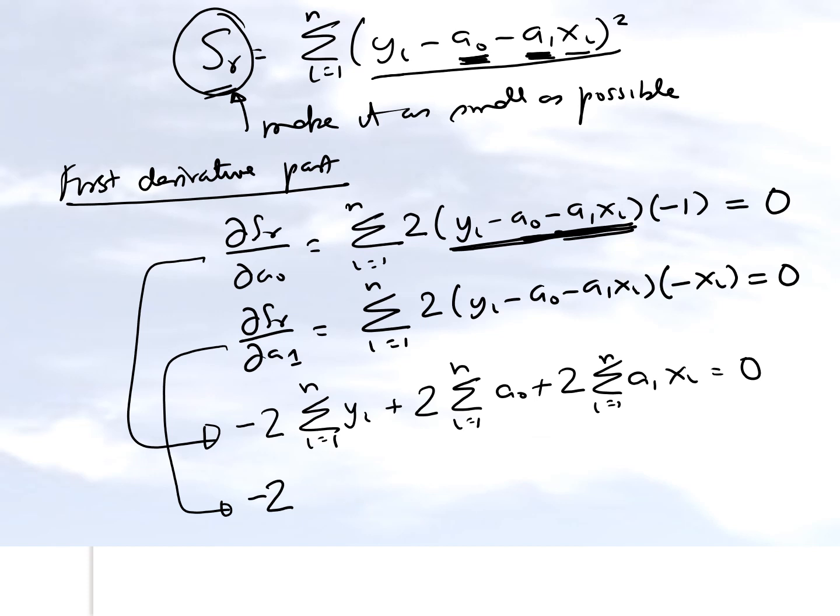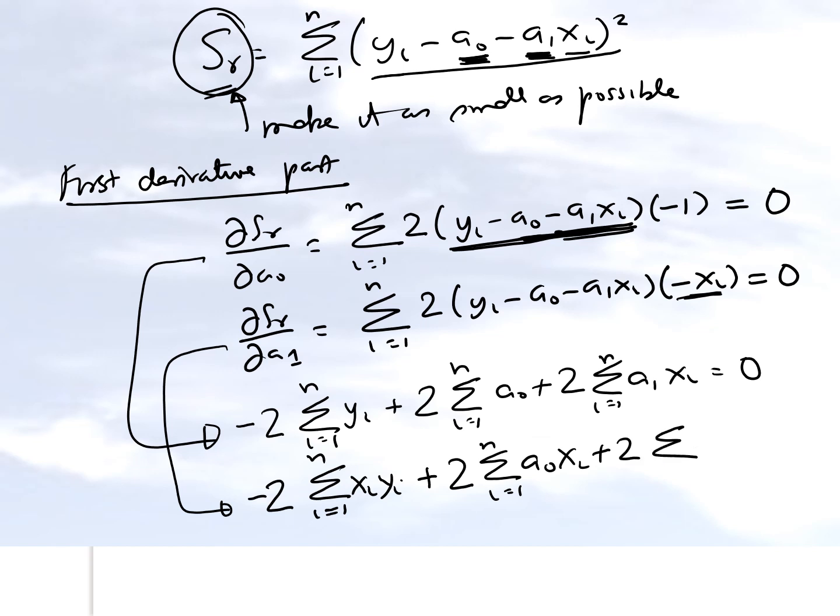So this one will be i is equal to 1 to n x of i, y of i there, because we have x of i minus x of i here. So don't forget about that. That's my plus 2 summation i is equal to 1 to n a0 x of i. And same thing, something similar here.